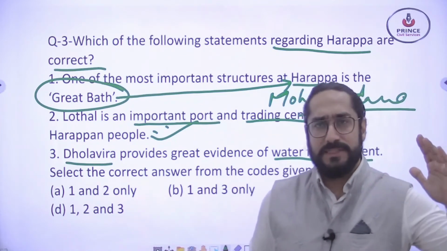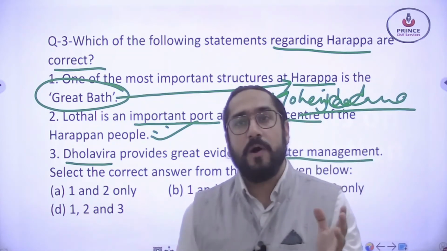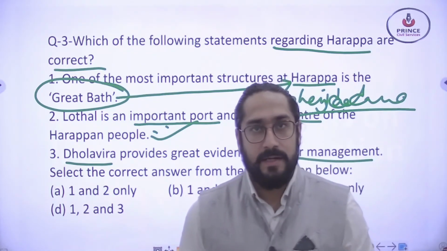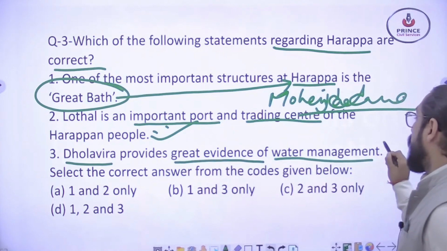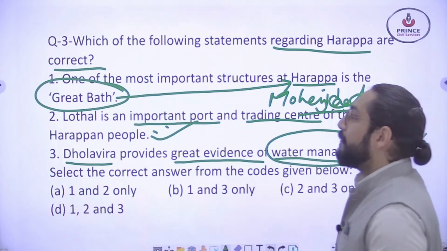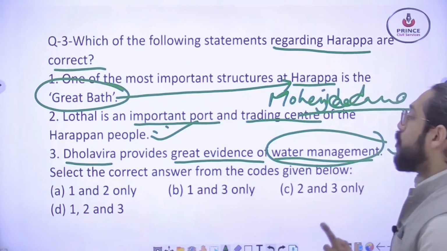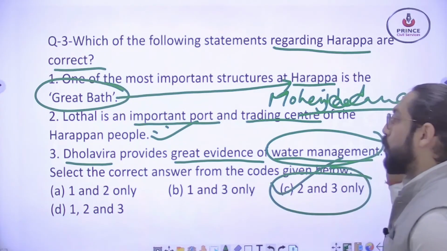Whatever general features you read about the IVC are kind of not present in Dholavira. So Dholavira provides great evidence of water management. This is also right. So only statement number 1 is wrong. 2 and 3 are right, and the right answer is C, that is 2 and 3.